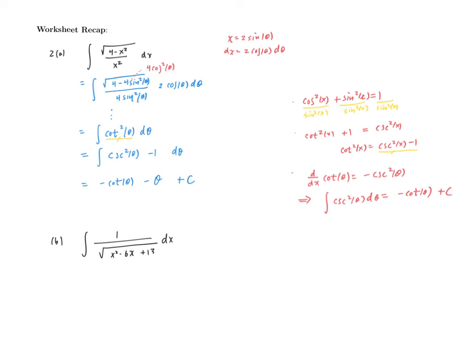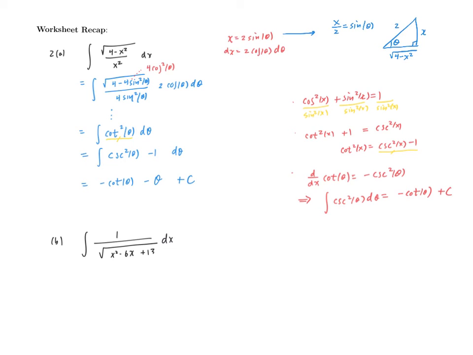To finish it up, let's look at our substitution above and draw that associated triangle. x over 2 is sine of theta. We have this right triangle. Sine of theta is opposite over hypotenuse. And by the Pythagorean theorem, the length of that bottom leg is the square root of 4 minus x squared.